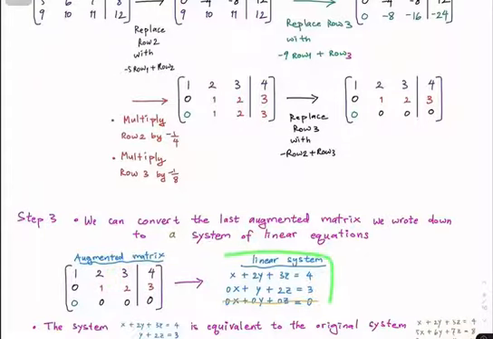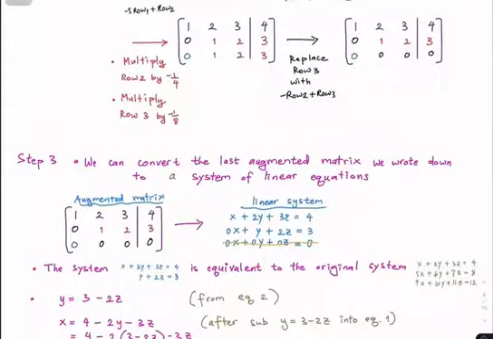So I get this linear system. And even though I've written down 3 equations, the last one is really just 0 is equal to 0. So that is not really useful information. So our system can be described with just 2 equations.